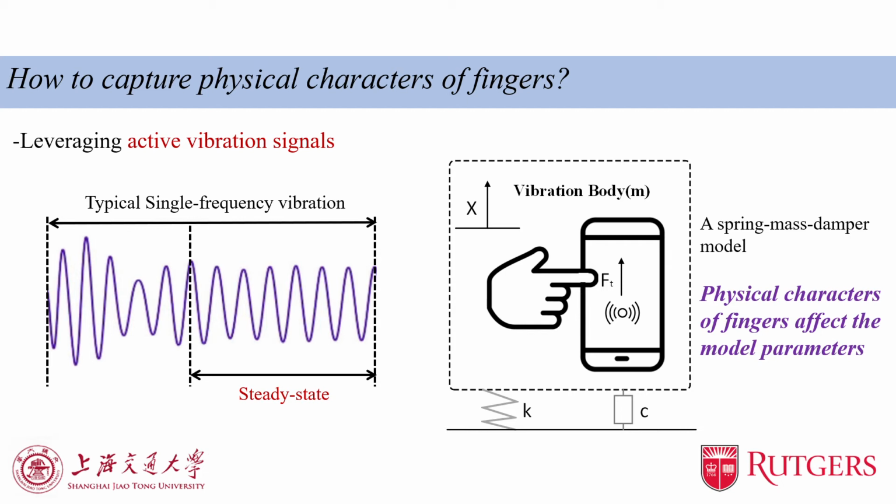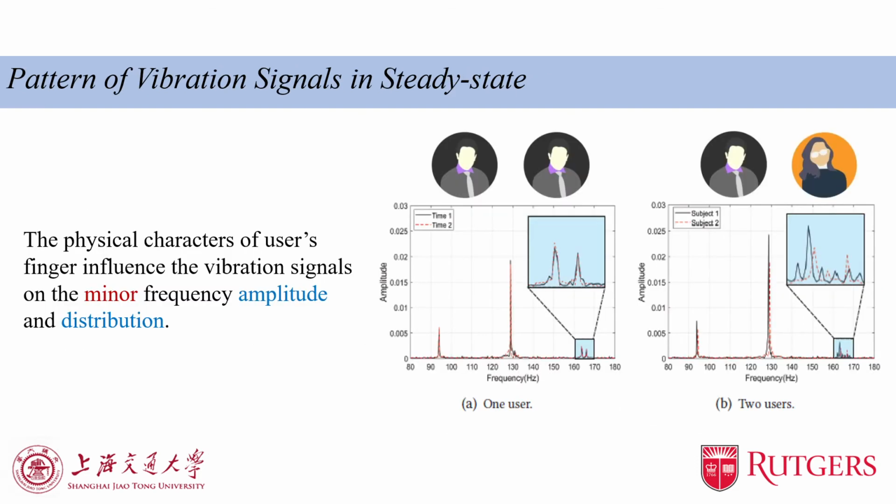And the physical characters of the fingers could directly affect the parameters of the model and make the vibration signal different among different users. From the basic experiments, we could see that although the main frequency components are close because of the vibration balance in the steady state, the minor frequency components, which we zoom in on here, could still embed the features of different users.